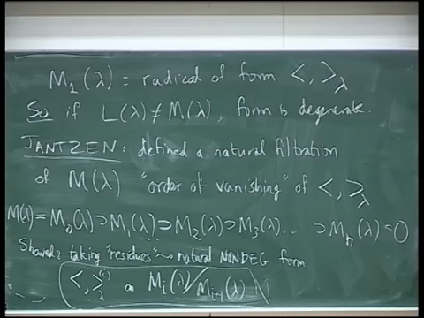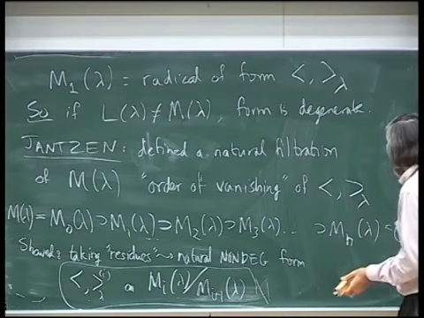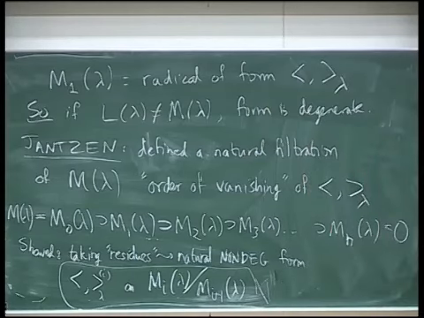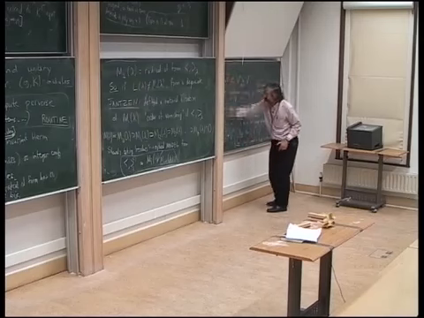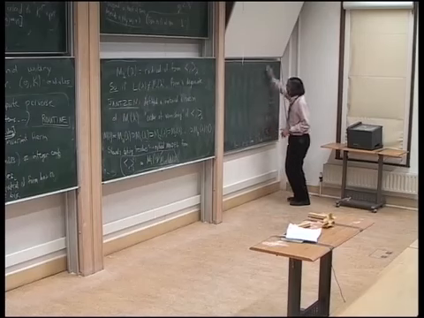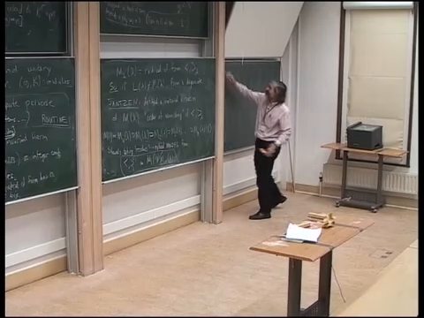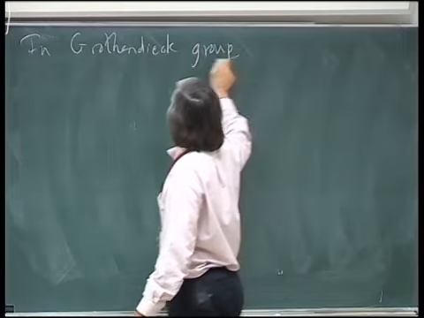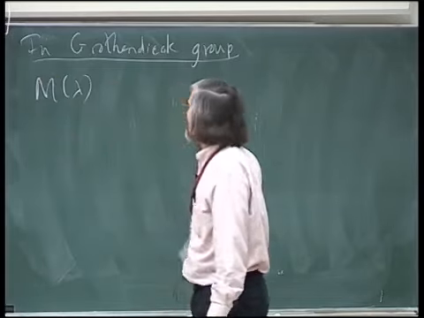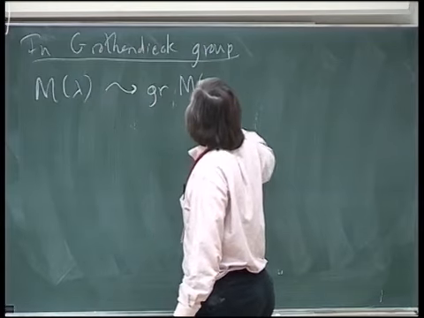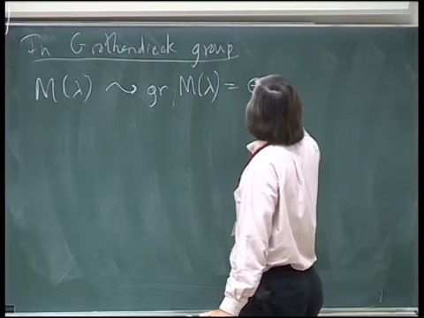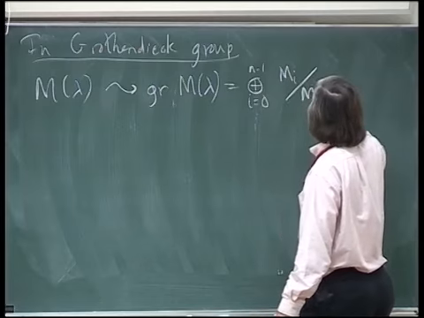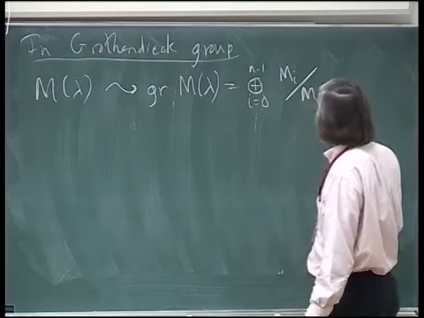So what I want to say is that in some appropriate Grothendieck group, you think of this Verma module as identified with the associated graded thing, the sum from i equals 0 to n minus 1 of these M_i over M_{i+1}, whatever I wrote.